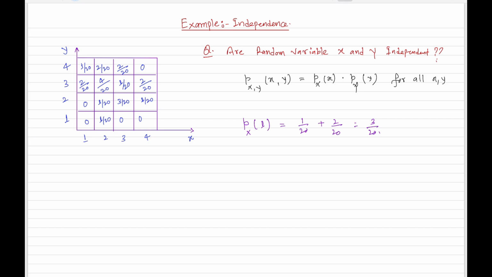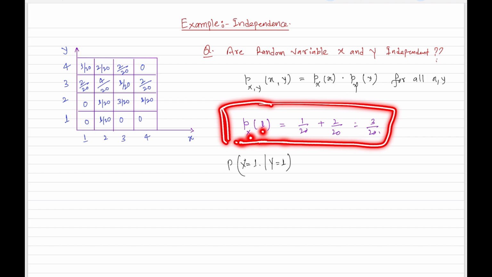Now let's say we have been given the condition that random variable Y takes the value 1, and now we want to check whether our belief changes, that random variable X takes the value 1. So we want to find this probability. First we have the initial belief about random variable X taking the value 1, or the initial probability was this one.